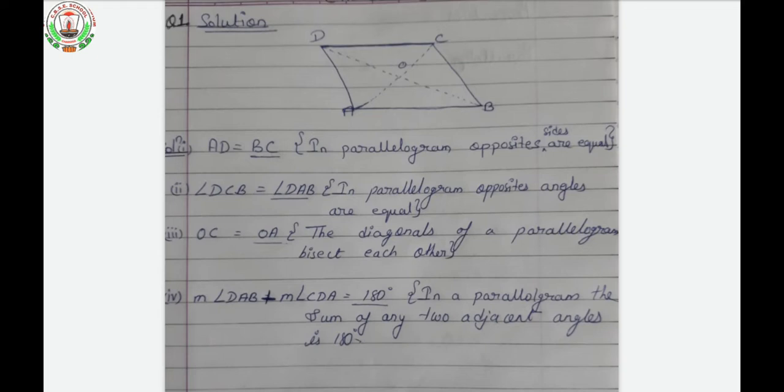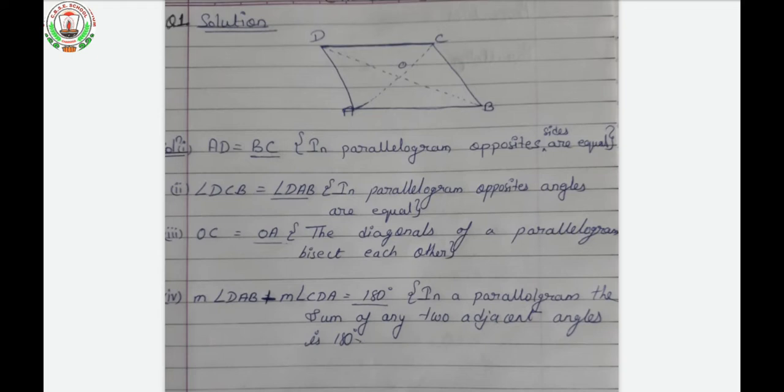Second one, angle DCB will be equal to angle DAB. That means angle C will be equal to angle A. Why is it so? Because the property of a parallelogram states that opposite angles are equal. They have equal values. Hence, angle DCB will be equal to angle DAB.